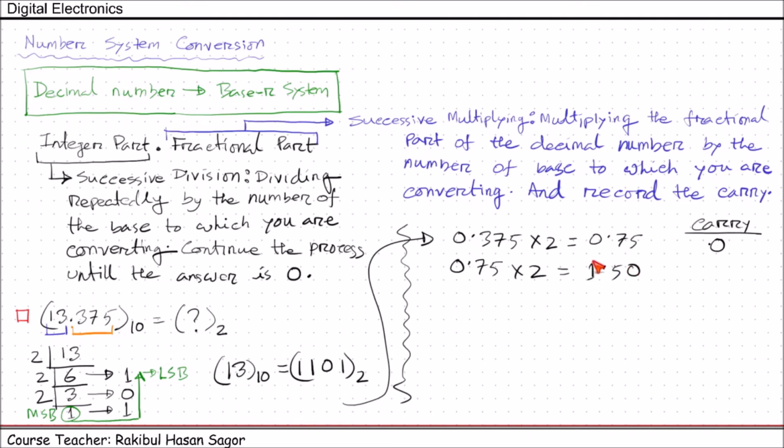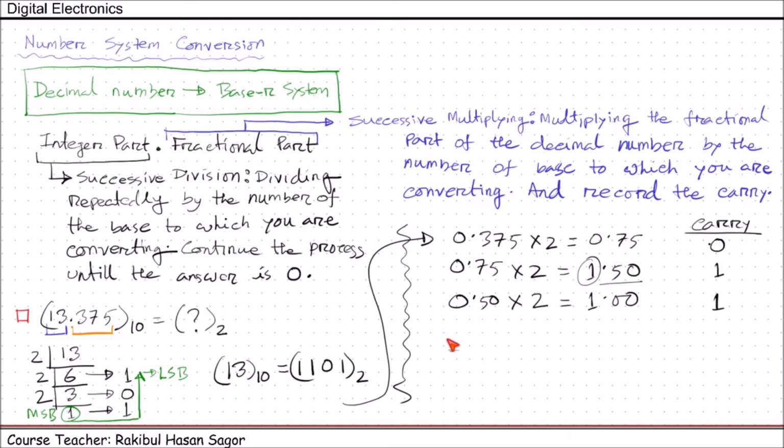So here we have carry 1, and this is the fractional part. Let's separate this carry part, this 1, and the fractional part we'll write again as 0.50, and we should multiply it by 2. That is equal to 1.00. We have carry 1 and the fractional part is 00. So let's separate the carry part. So carry 1, and we have 00. No need to multiply 0 with 2, we'll get 0. So we end here.